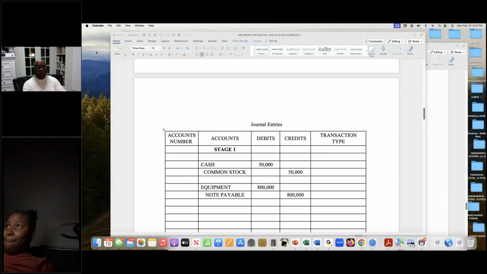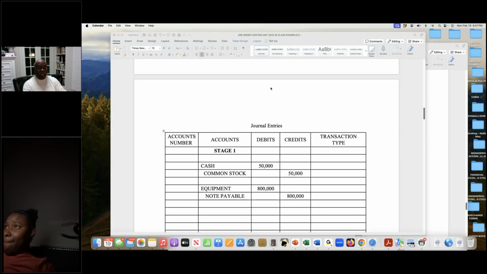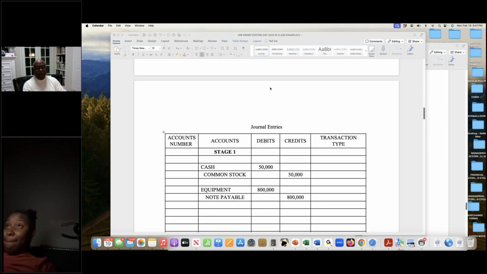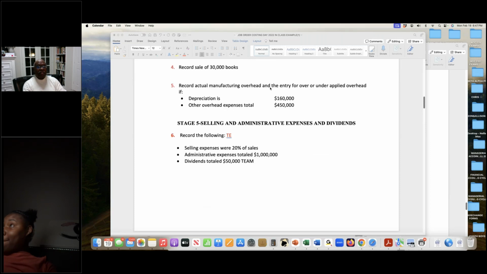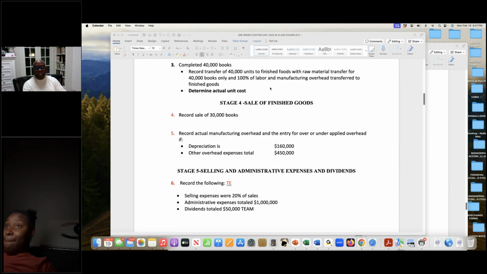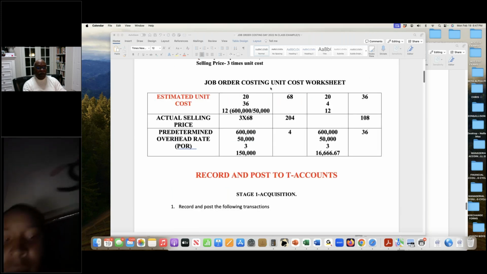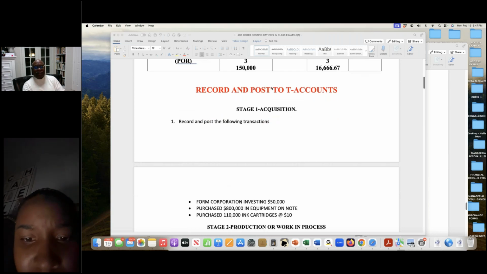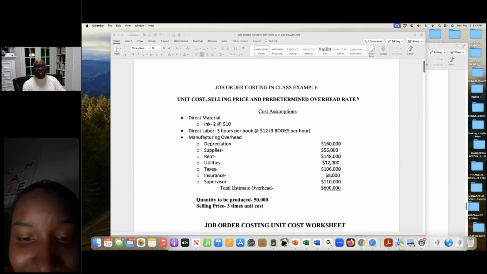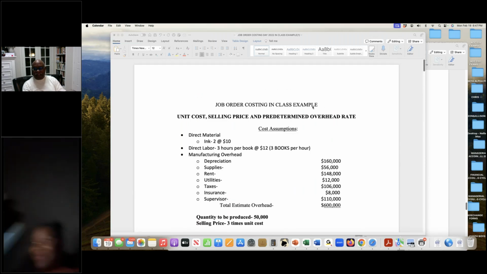Where is this document at? I've looked at all of the ones that you posted on week 3, but I don't see it anywhere. You don't see this one? No, sir. Does anybody else see it at all? No. So there's no job order costing in class example anywhere?